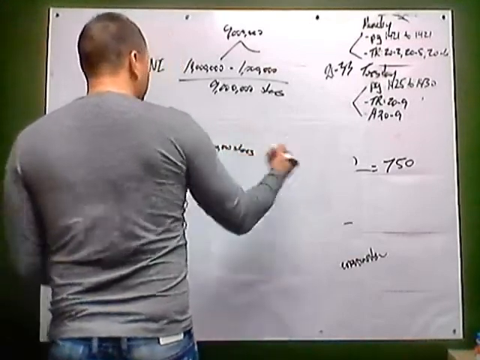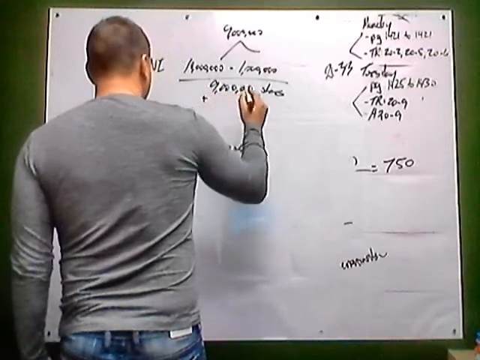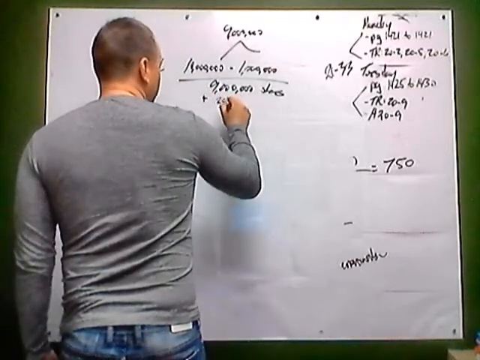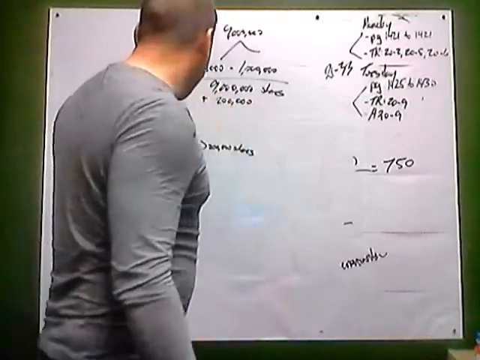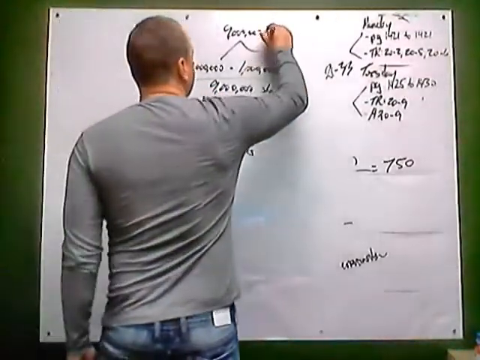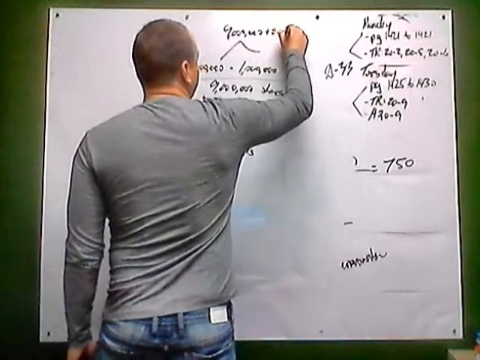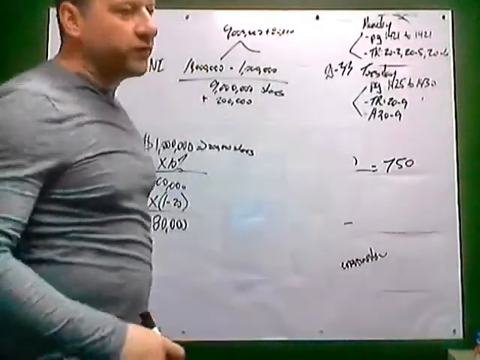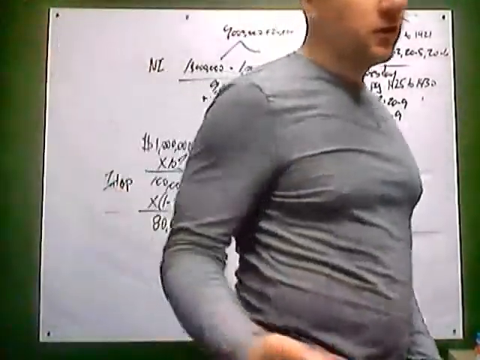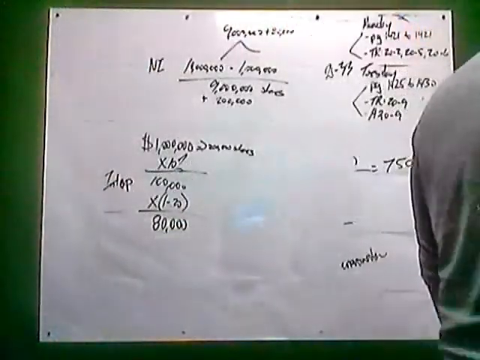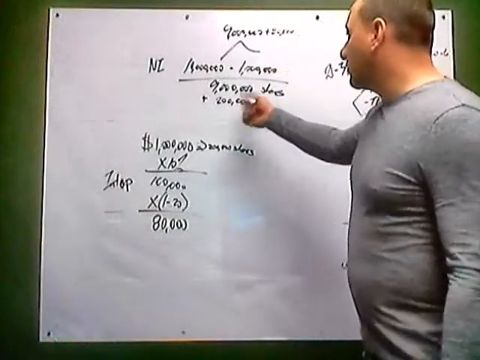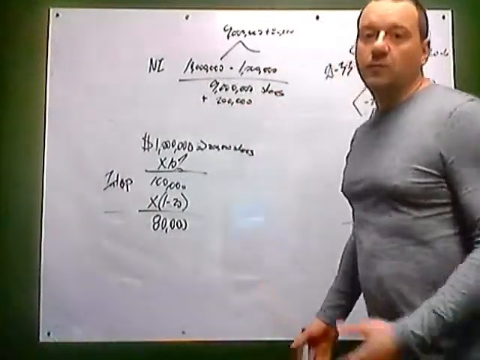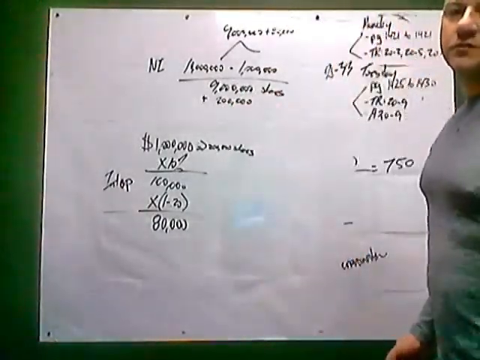Well, now we're going to have more shares, plus the 200,000 shares that it converts. But we're also going to save $80,000 of after-tax interest payments. Why? Because we converted it from a bond that pays interest to a common share that doesn't pay interest. The common shareholder will get a dividend, but that's part of the EPS calculation.